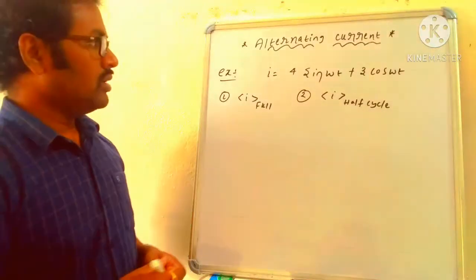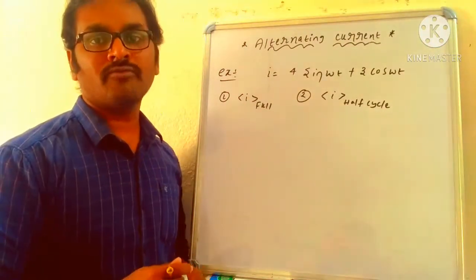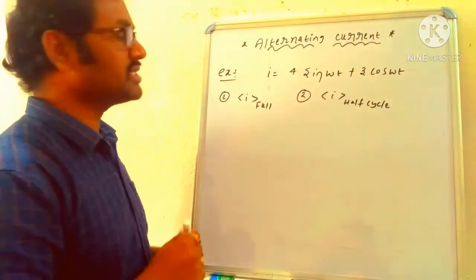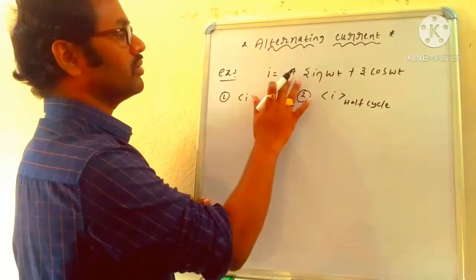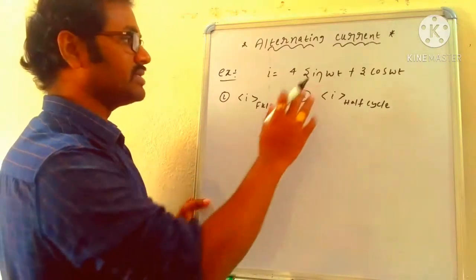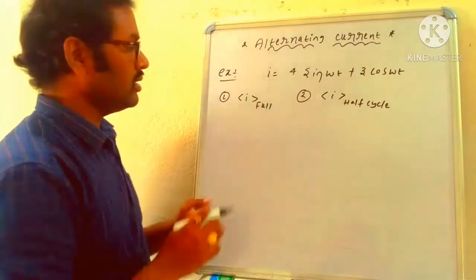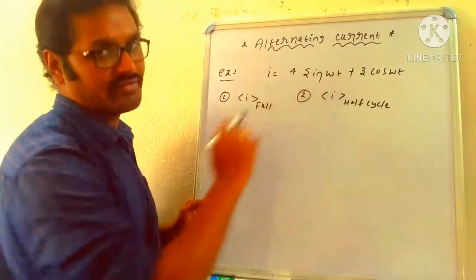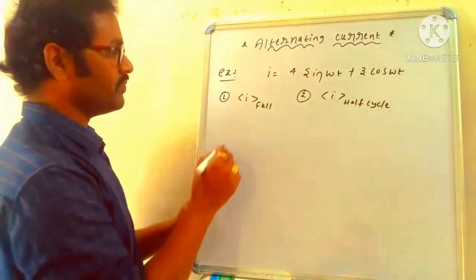Example, it is a composition of two alternating currents. Complex equation it is given. I is equal to 4 sin omega t plus 3 cos omega t. For this, we need to find the average current for the full cycle and for the half cycle. Let us see for the full cycle.